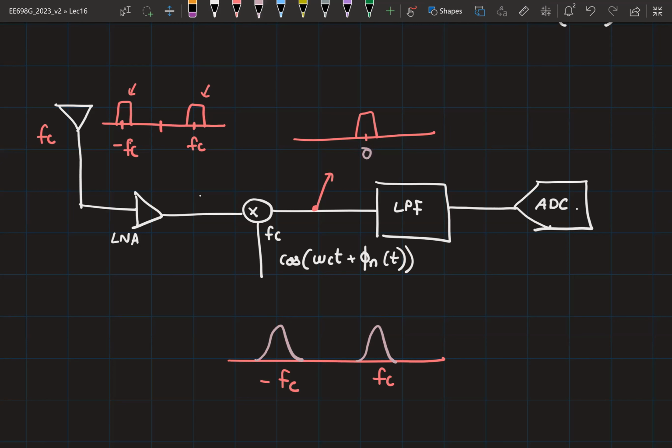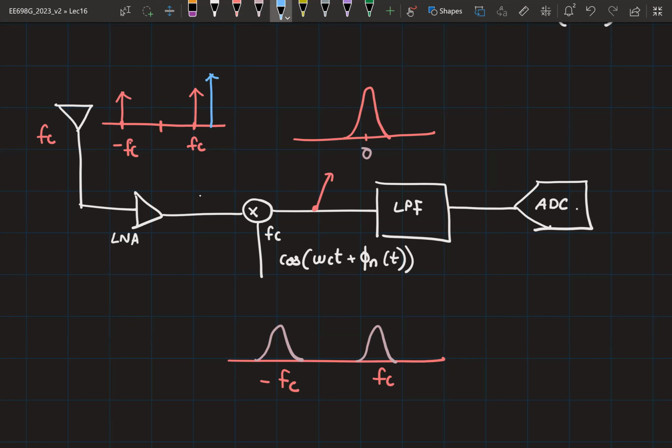A very nice way to think about this is, what if the information we want was already an impulse? Ideally, we would have liked to see the same impulse at DC. Now, instead of that, you will see the phase noise of the oscillator scaled and appearing at DC. So this is indeed a problem. In fact, this problem gets worse if there was another blocker very close to FC.